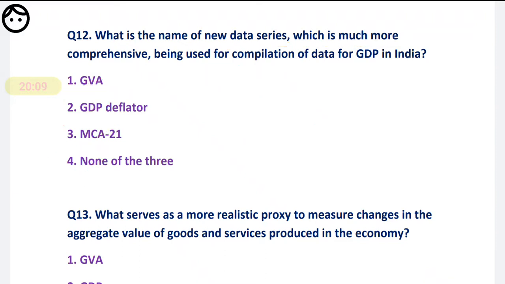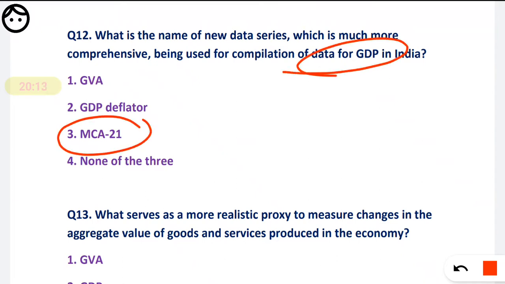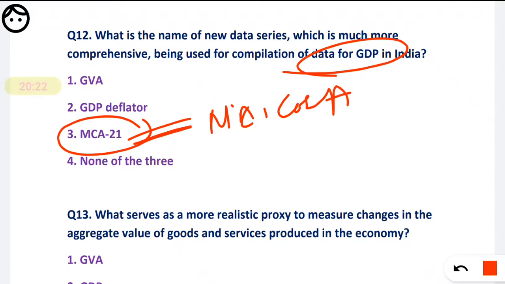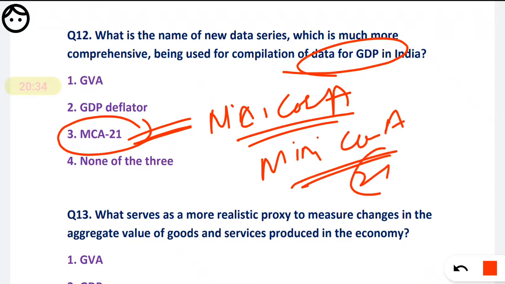So friends, the correct option here, which we are using in India, is MCA 21. What is MCA? It is the Ministry of Corporate Affairs. Just remember the full form also, though you don't need to remember it in depth, but for your information, MCA stands for Ministry of Corporate Affairs, and MCA 21 we are using for calculation of the GDP in India.